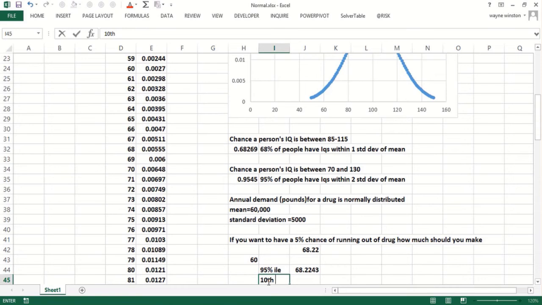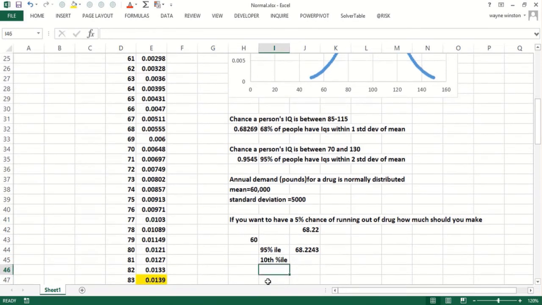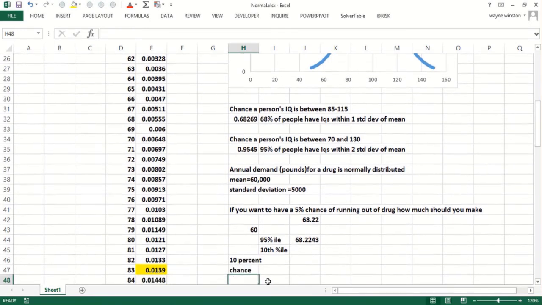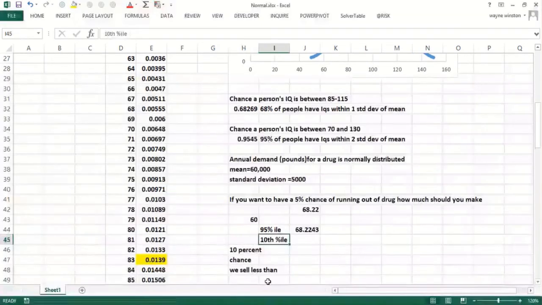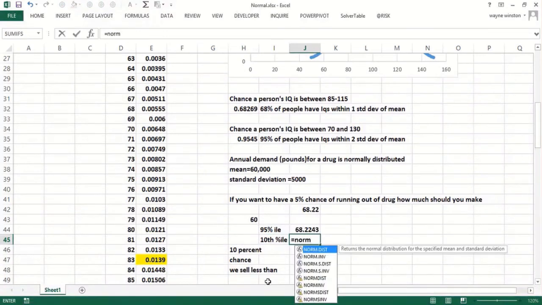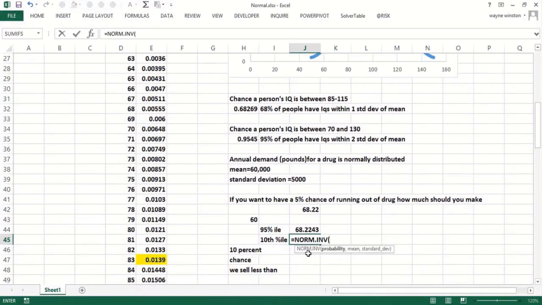The 10th percentile, a 10% chance we sell less than that. NORM.INVERSE, 0.1, 60, 5, and there's that 53.59, 53,000, again 592.